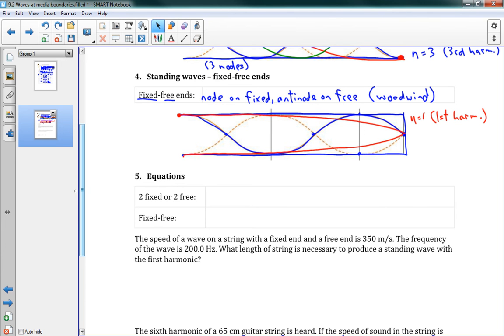And I can draw the next one here with one extra node in between. And so that means I'm going to have sort of a 3/4 situation. Because I'm going to go down to my node and then back up like this. I'm going to have the same sort of thing over here like this.